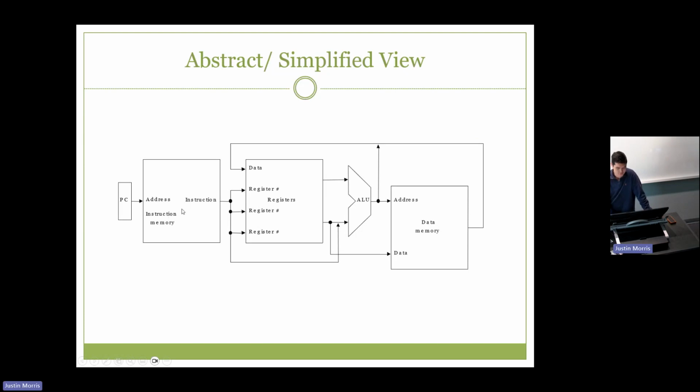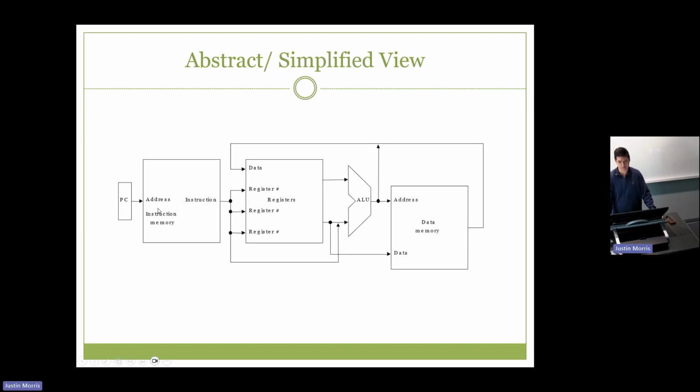And this is kind of abstracted because usually instruction memory and data memory are the same thing. But you also are usually having a separate instruction cache than data cache.